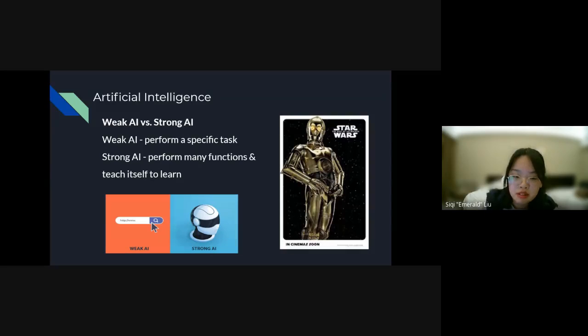It can only perform one single task, whereas a strong AI should be able to perform many functions and even eventually teach itself how to learn. A strong AI would be like what we see in regular science fiction. However, in today's world, most AI, actually all AIs, are weak AIs because strong AI is not made yet. And today I am going to mostly focus on weak AI.